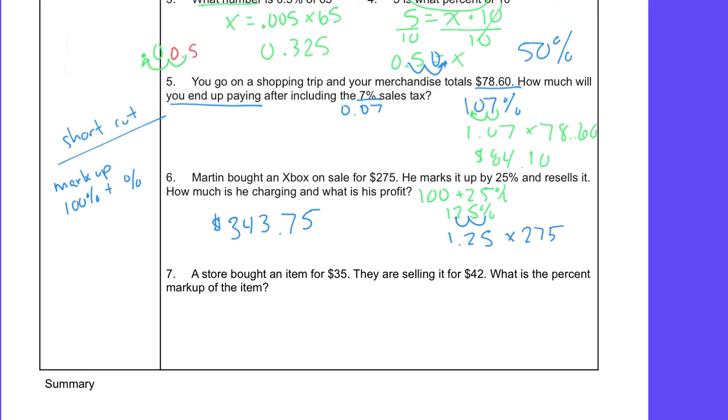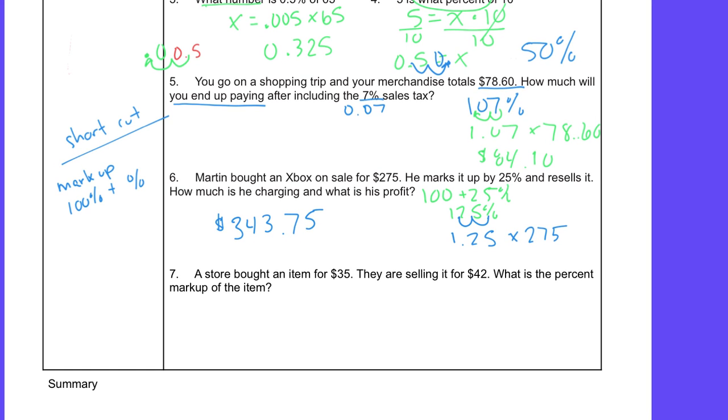So we actually have a formula that we can use for this one. To find the percent of markup, let's say, I'm going to add that over here, percent markup or discount. It works either way.